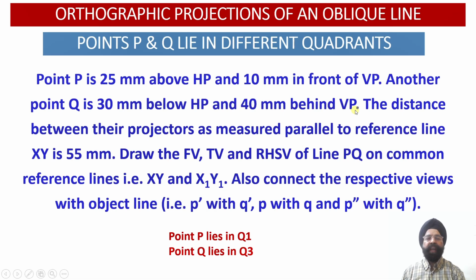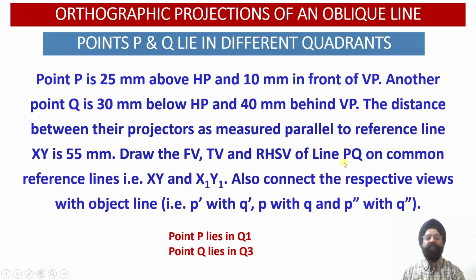So if we join the front view projections corresponding to the points P and Q, we will find that P dash will be lying above the XY reference line while Q dash will be lying below the XY reference line. This will be an inclined front view projection.